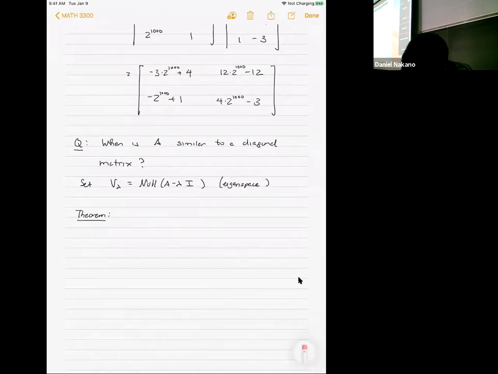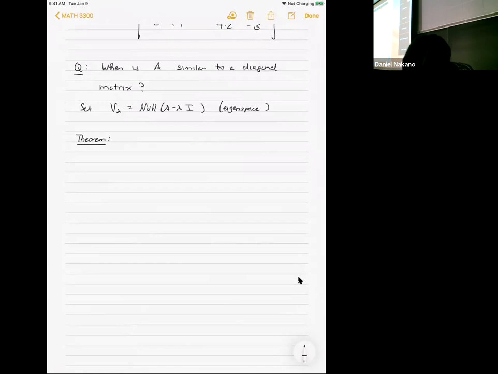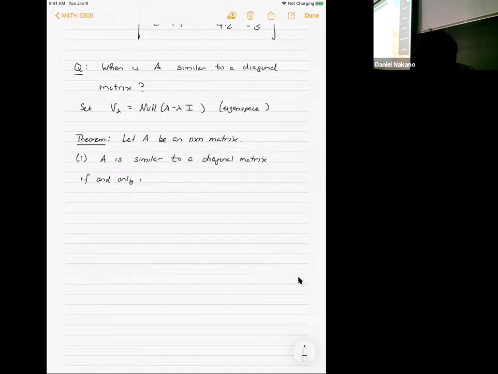So let A be an m by n matrix. Statement number one: A is similar to a diagonal matrix if and only if, when I sum the dimensions of the eigenspaces, I get n.